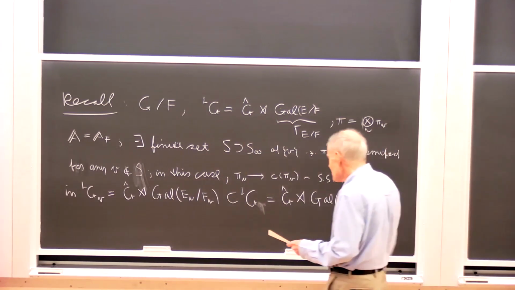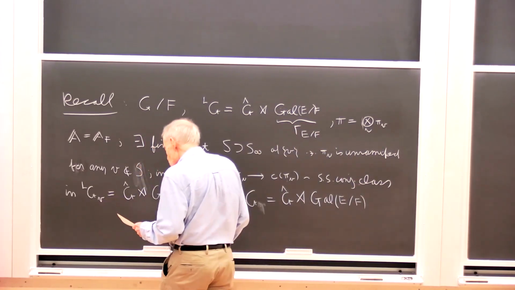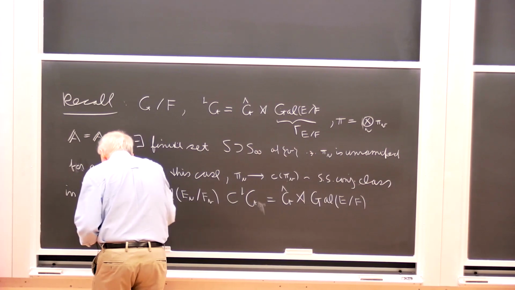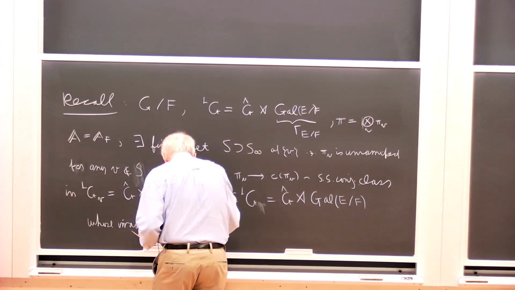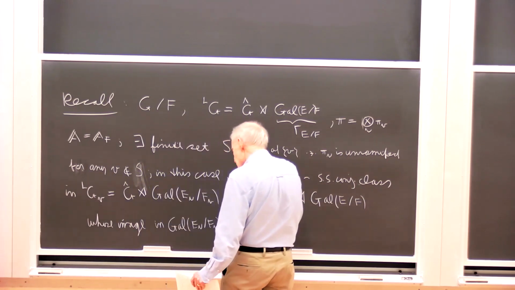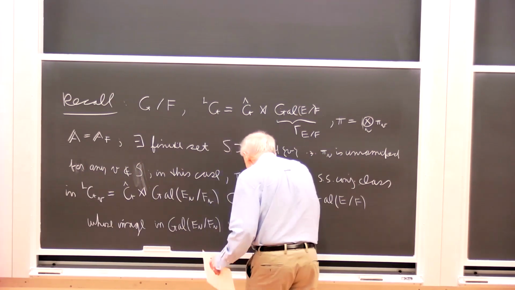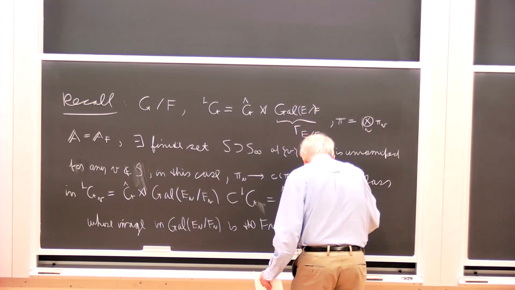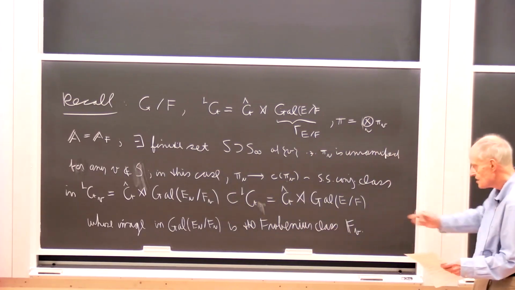And so this is a semi-simple conjugacy class in here, whose image in this Galois group E V over F V is a very particular conjugacy class there, the Frobenius conjugacy class. Okay, so that's it. That's kind of the background.